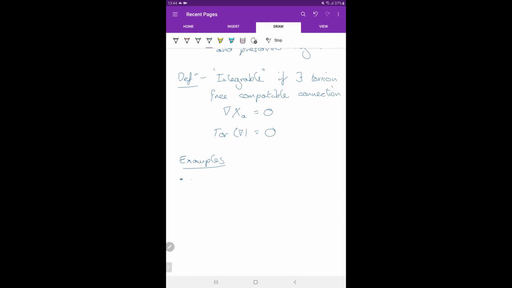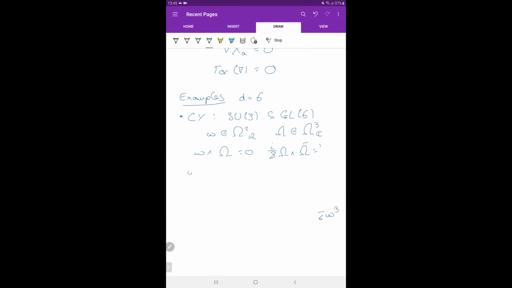A Calabi-Yau structure, and let's just restrict to D equals 6 just for convenience. A Calabi-Yau structure is an SU3 structure. And it's defined by a real 2 form and a complex 3 form, sorry about the clash of notation, that satisfy these compatibility conditions. And it's integrable if and only if these are both closed.